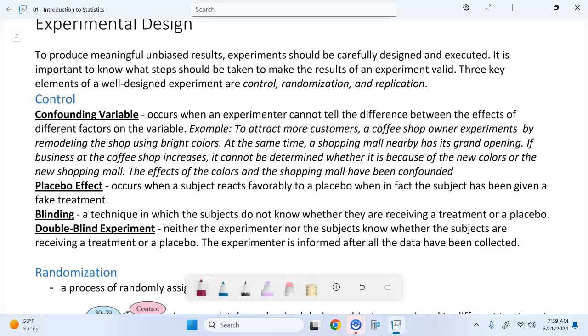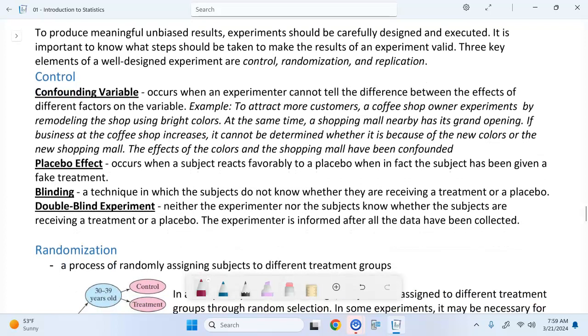Unless you get a full census, there's going to be some level of bias. Your job as an experimenter is to minimize that as much as possible. So the first factor, we're looking at control. We have what's called a confounding variable.